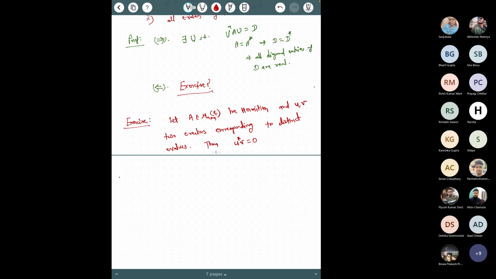Now let me introduce positive definite matrices. I'm just briefly introducing these matrices, but the problems depending on these matrices, I will put in the tutorial sheet.